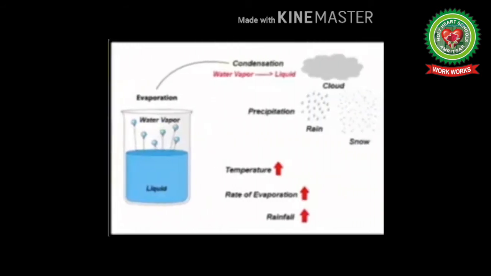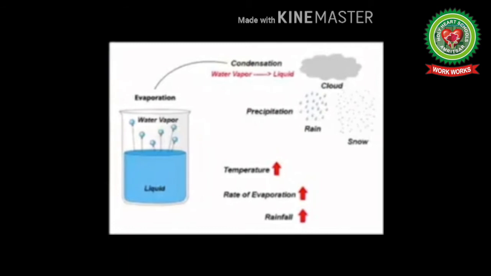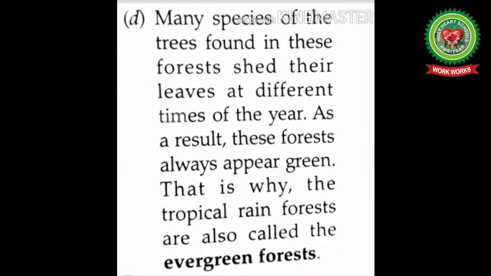High temperature, high rate of evaporation and heavy rainfall, these three factors are very good for natural vegetation. Come back to the reading again. Many species of the trees found in these forests shed their leaves at different times of the year. As a result, these forests always appear green.